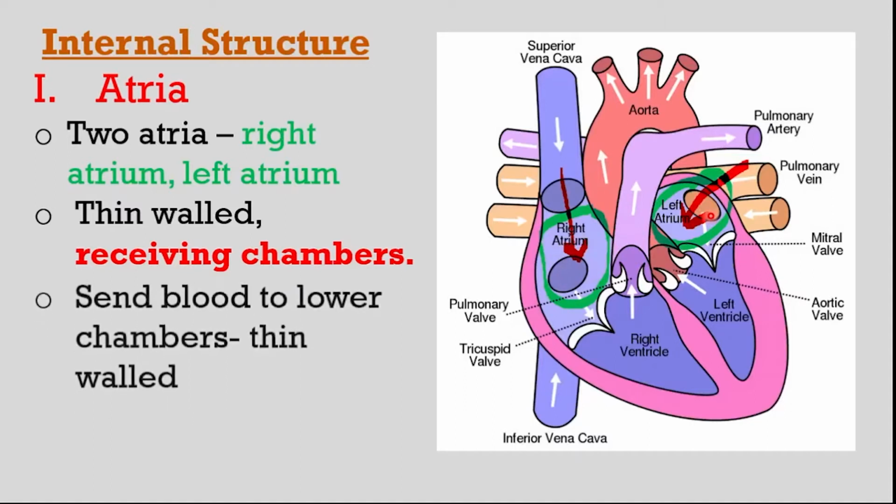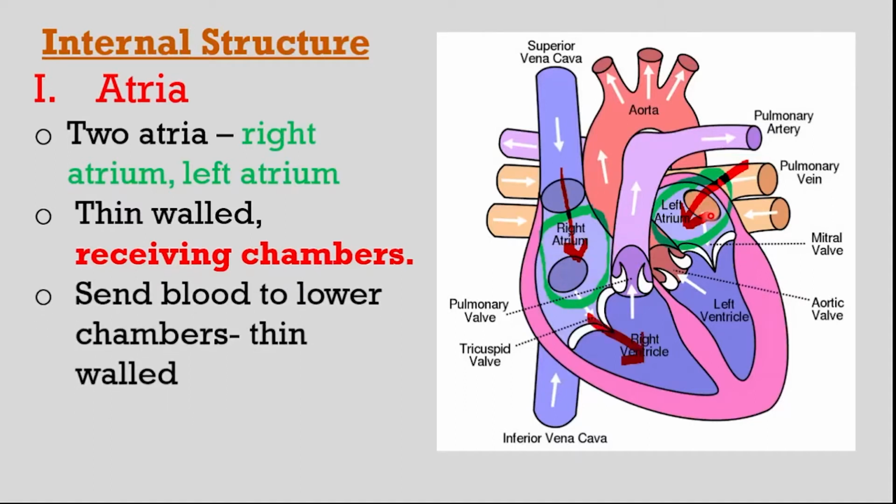After receiving the blood, they pump the blood to lower chambers, that means into the ventricles. When the atria contract, the blood from atria reaches the ventricles. As the blood is pumped to shorter distance, less pressure is enough for the pumping of blood. This would require less musculature in the walls of ventricles. That's why the atria are thin wall chambers when compared to the ventricles.